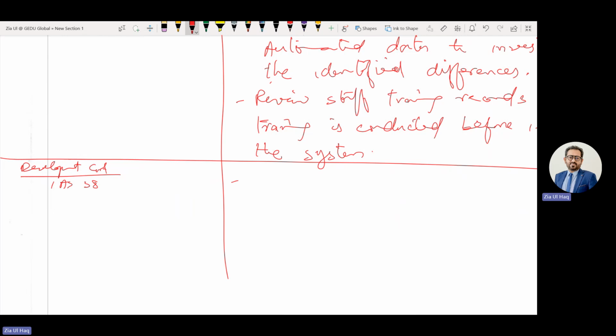Commercial viability, how can we check? Review customer orders or market research documents to ensure commercial viability.